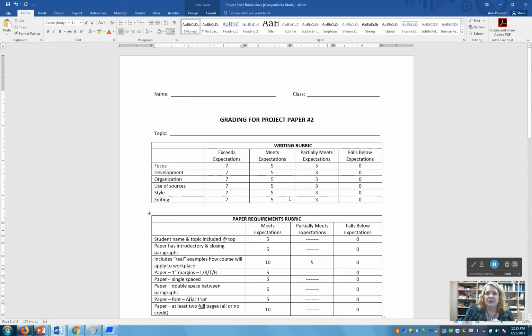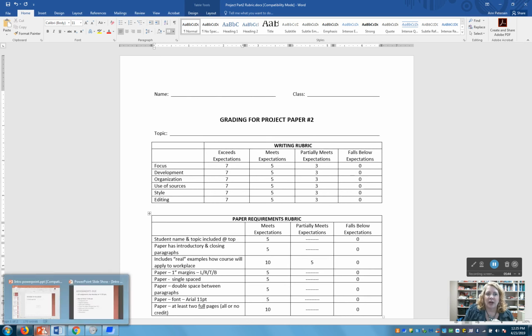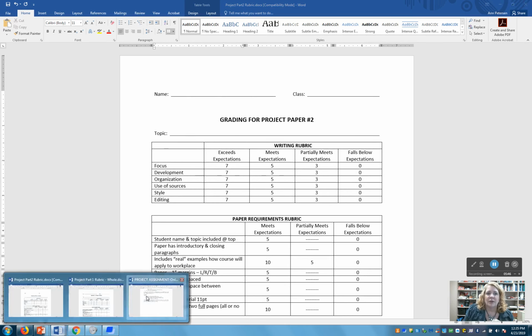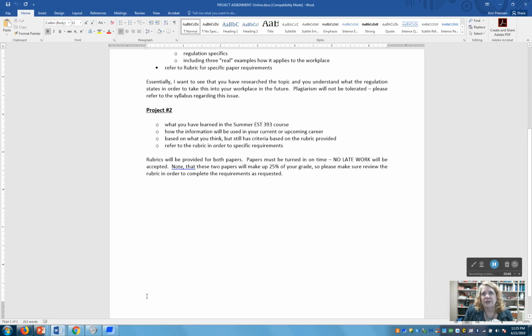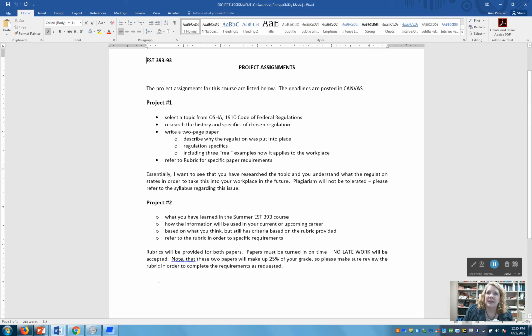For both of these, I do want to make sure that you understand this is worth 25% of your grade, and so you do need to make sure that you get these to me on time, because you will receive a 0. Once again, I do not accept late work. This is a big chunk of your grade.